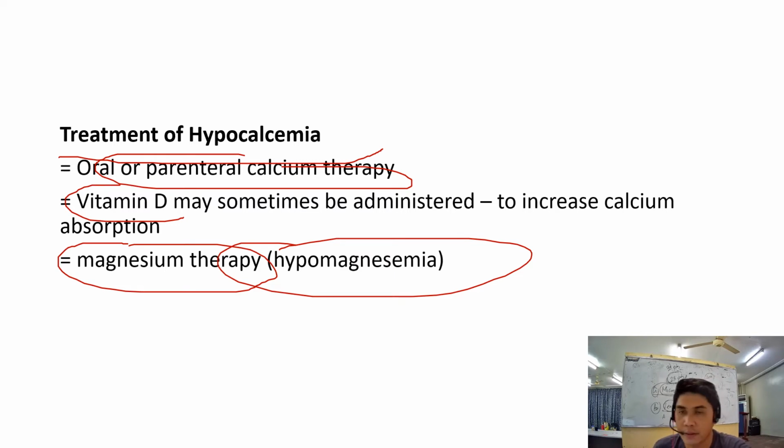Okay? Remember, hypomagnesemia will result in decreased production of PTH. Okay? So to eliminate that cause, you can administer magnesium as replacement. Okay, so these are the common approaches in dealing with hypocalcemia.